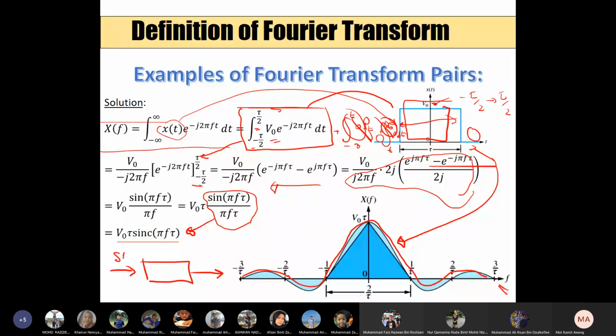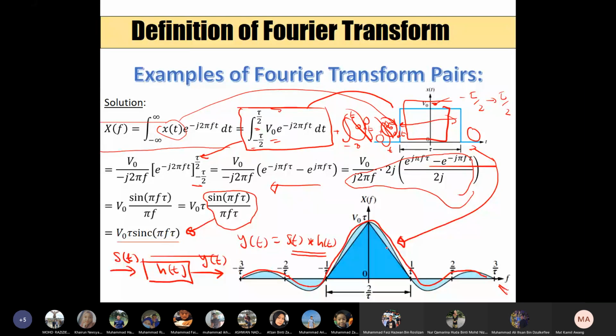Let's say you have s of t and you have h of t, and this is y of t. So y of t is equal to s of t convolved with h of t, right? To do this operation in time domain, convolution is very difficult.